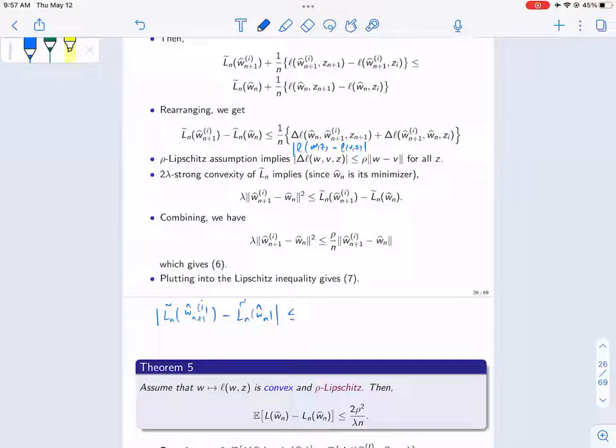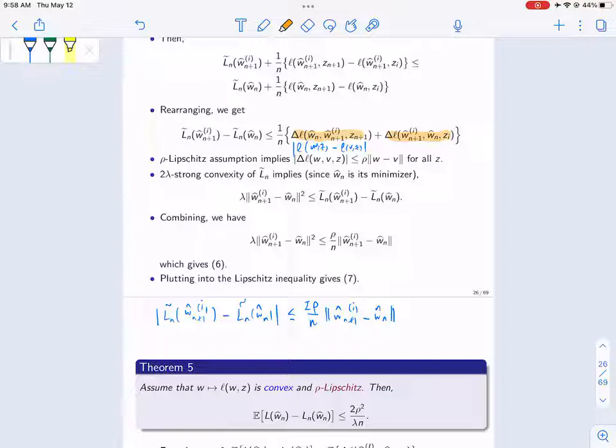This is going to be bounded by basically 2 rho over n times W hat n plus 1 I minus W hat n. Right, so the thing is, these two have different z's in the third coordinate, but the difference is the same between the weights. So the two weights involved. So if I apply the triangle inequality, I get twice rho divided by n times that.